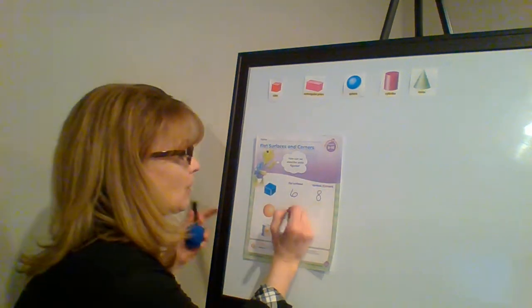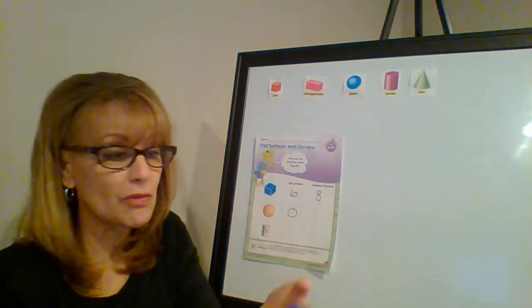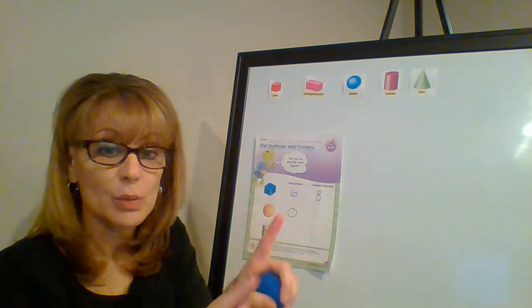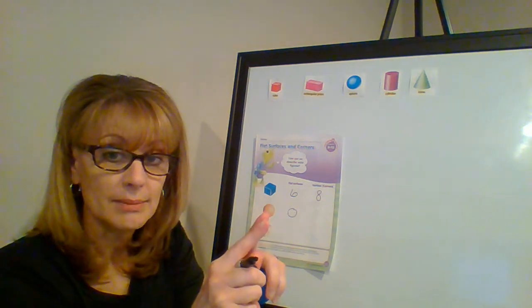Okay? Now let's look at this sphere. How many flat surfaces does it have? 0. There are no flat surfaces on a sphere. How many corners are there? Well, a corner is where 2 flat surfaces meet.